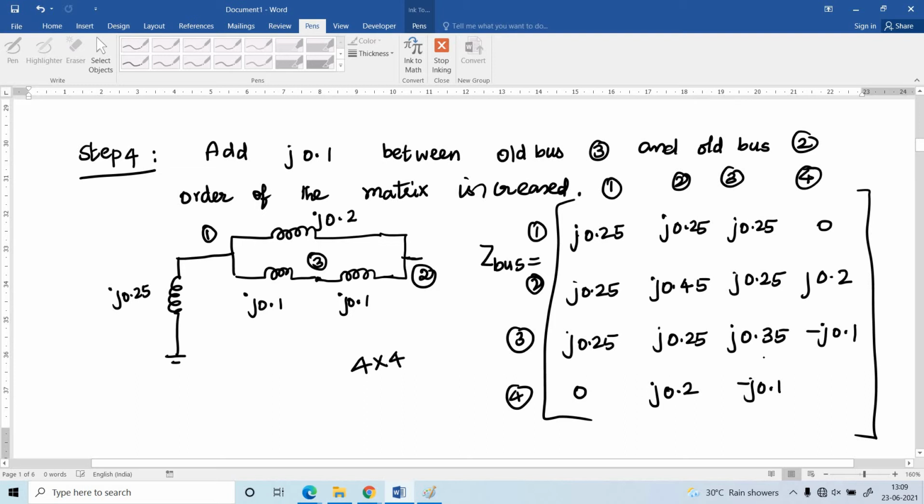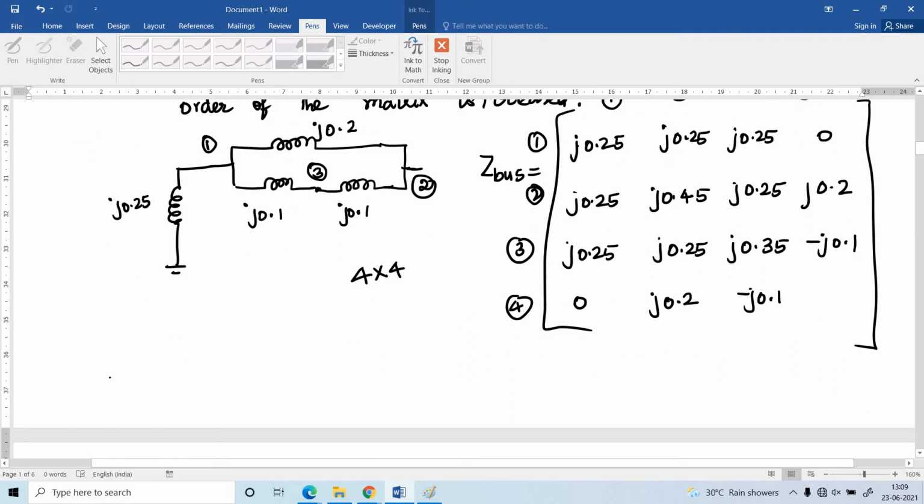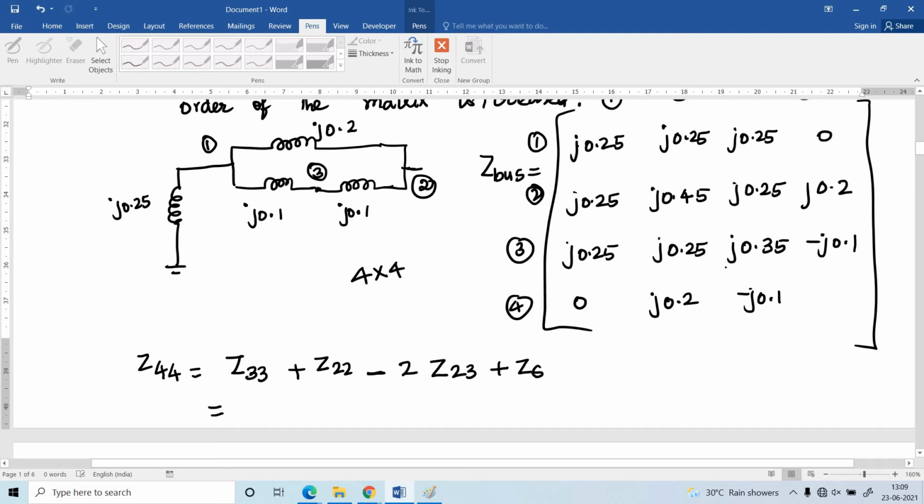How to find out Z44? The Z44 element involves 2 buses, one of the buses is 3 and another one is 2. How to remember easily? That is Z33 plus Z22 minus 2 into Z23, plus ZS, the element connected between 3 and 2. What is Z33? That is j 0.35.